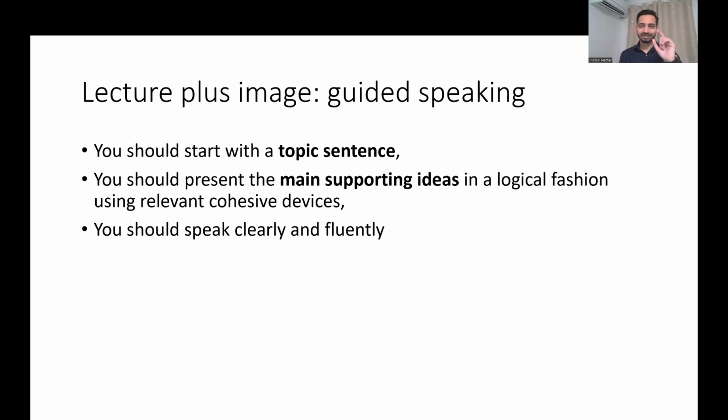You should speak clearly and fluently as well. No hesitation. The hesitation comes from when you are nervous about not knowing what you have to say. But if you're taking notes and structuring your content, then it will be easier for you and you will know exactly what to talk about.